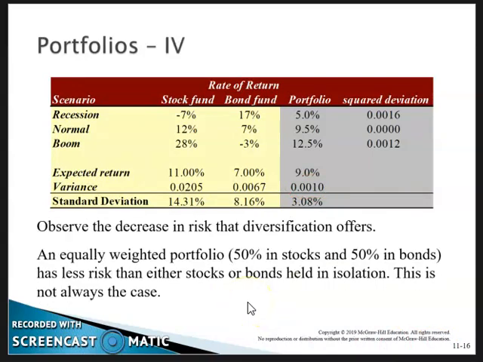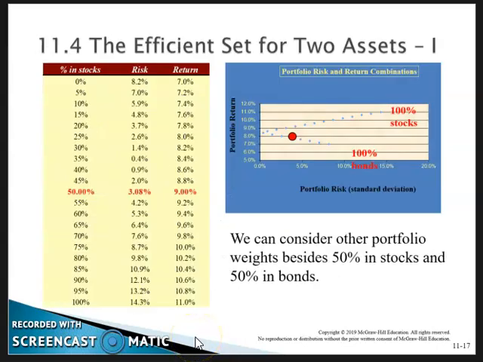As I mentioned, you can see the decrease in risk that diversification offers. An equally weighted portfolio in stocks and bonds has less risk than either stocks or bonds held in isolation. That's not always the case, but if we look at this, on the left we have the percentage in stocks.